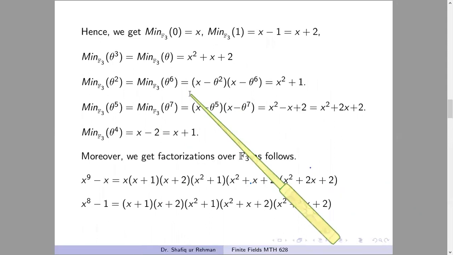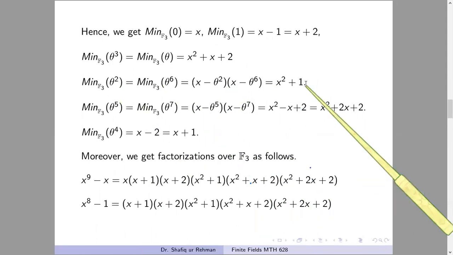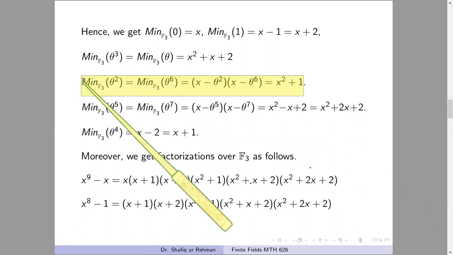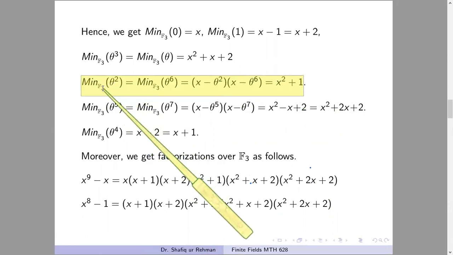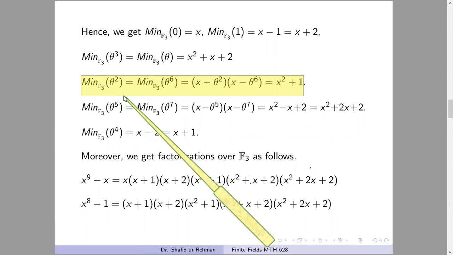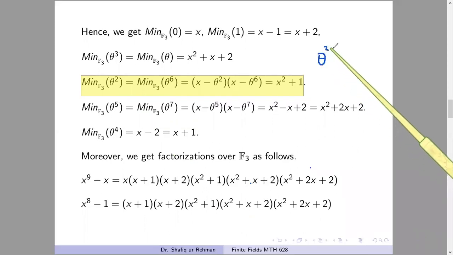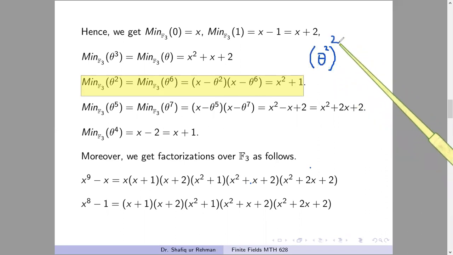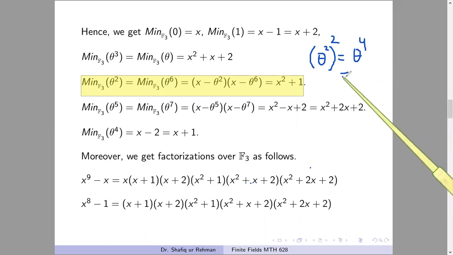So these two elements have degree 2 over the field F3, but they are not primitive elements, because if we take the square of theta square, we will get theta power 4, and theta power 4 equals -1.